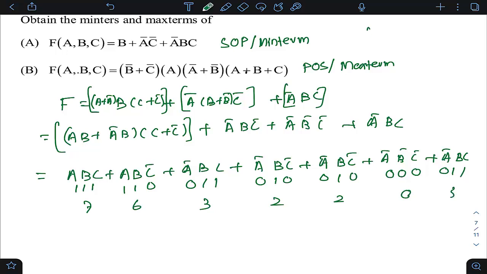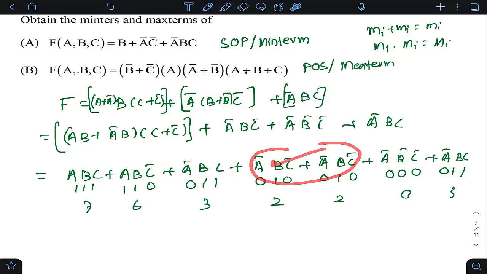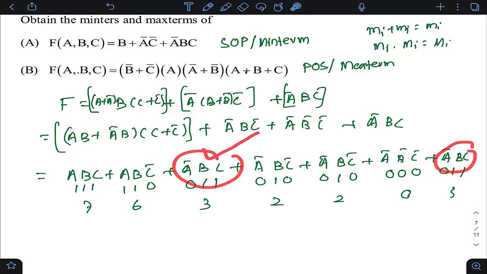So always Minterm I plus Minterm I is equal to Minterm I. Similarly, Maxterm I ANDed with Maxterm I is equal to Maxterm I. So even though 2 is repeated twice, if you do the OR combination of this, you again get the same term only. Similarly, although 3 is repeated twice, the OR combination of this and this is again this one only.